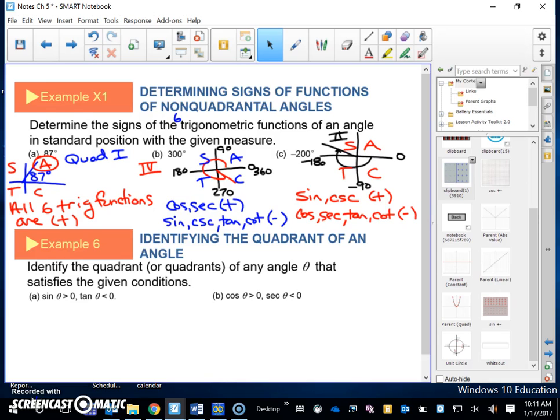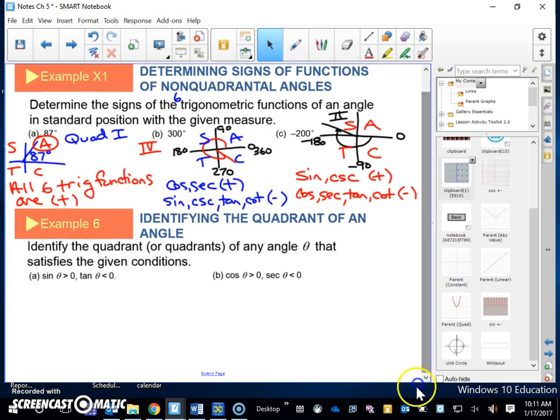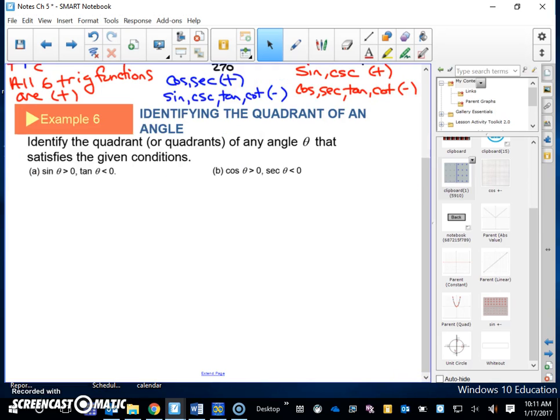Example 6 asks you kind of the same question, but backwards almost. Identify the quadrant of any angle theta that satisfies the given conditions. So when they say sine theta is greater than 0, that means positive. Sine theta is positive.